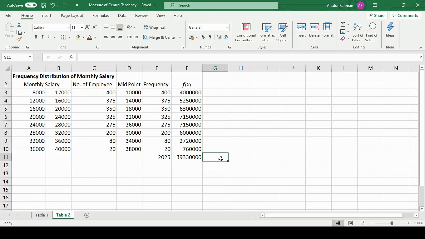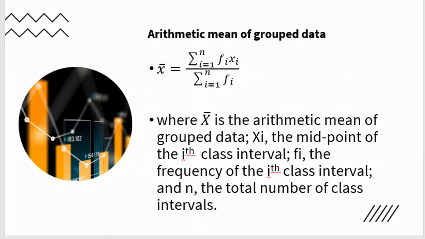Now at the end, to get the result, to get the average: frequency multiplied by midpoint of the group, divided by summation of the frequency, and this is the average. Same thing we have discussed here in the PPT.